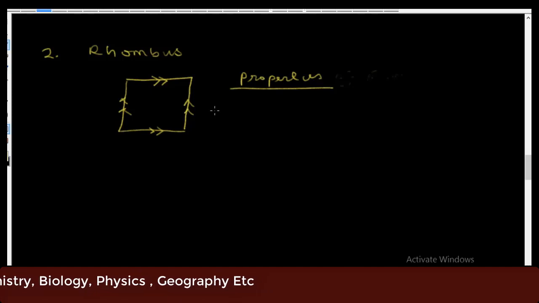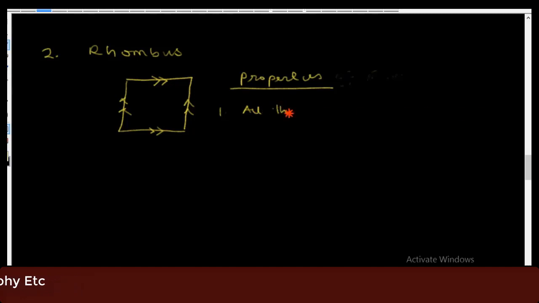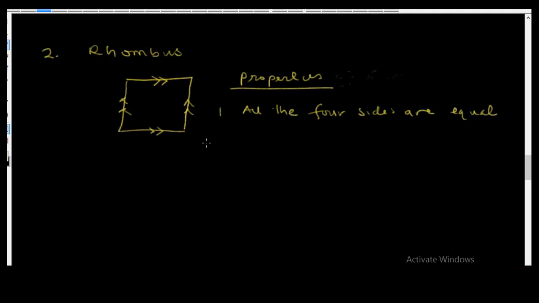Number 1 property is that all four sides are equal. A rhombus is a special kind of square, but the difference between a rhombus and a square is that a rhombus is slightly tilted. So all four sides are equal.